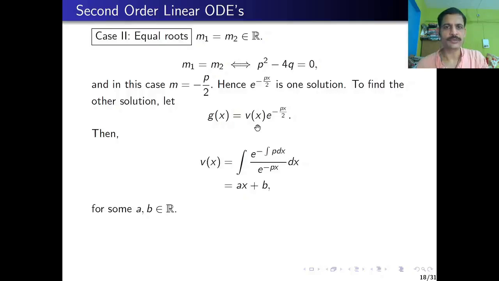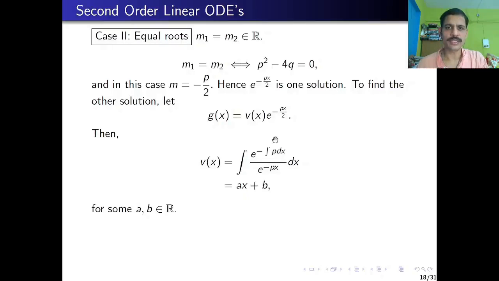Here we want v(x) to be not constant. So the formula we had determined previously for v(x) is the integral of e raised to minus integral P(x) dx, here P(x) is p, a constant, divided by the square of y1, the one known solution.